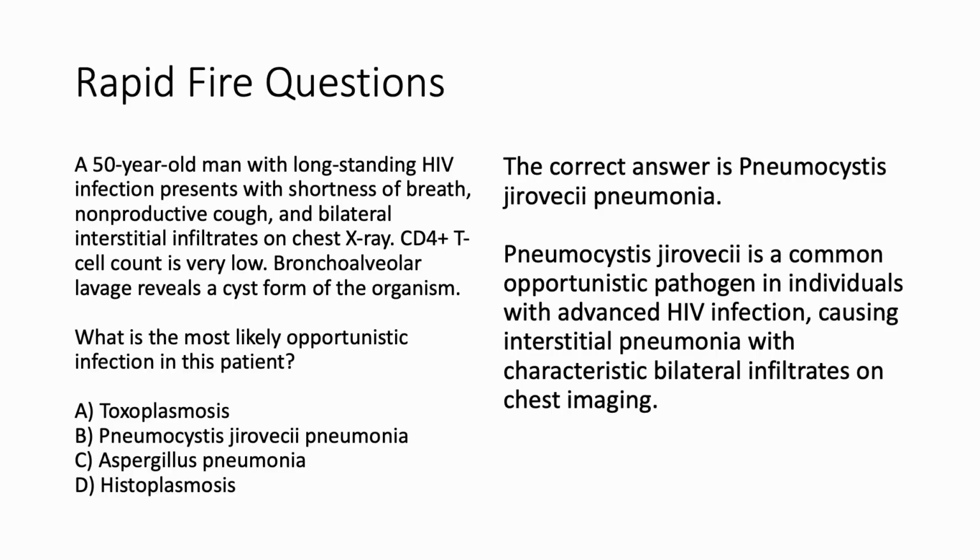Toxo, PCP, Aspergillus, or histoplasmosis? The correct answer is PCP. PCP is a common opportunistic pathogen in individuals with advanced HIV infection with CD4 count below 200, causing interstitial pneumonia with bilateral infiltrates seen on chest x-ray.